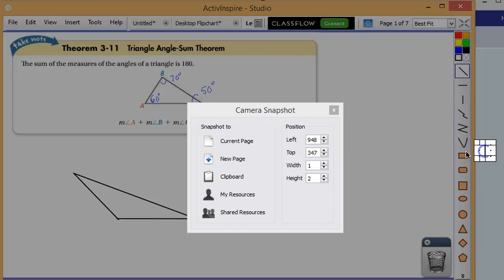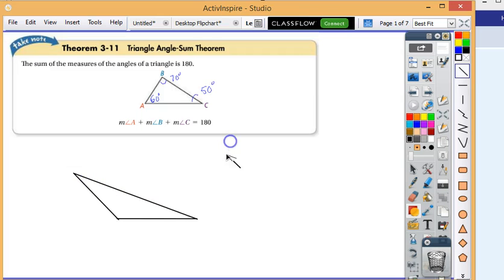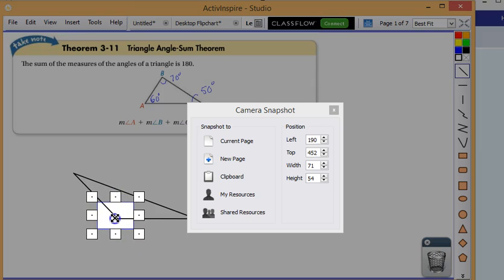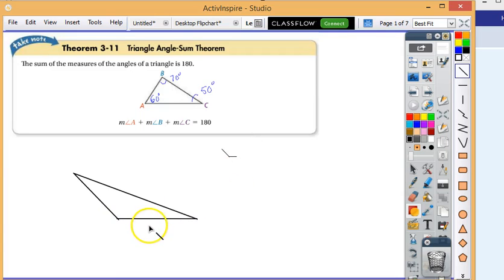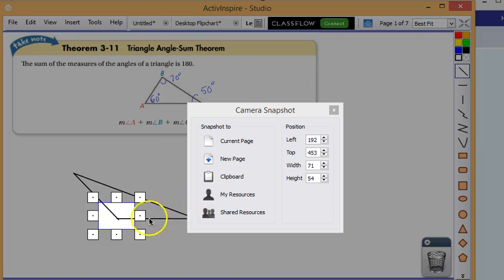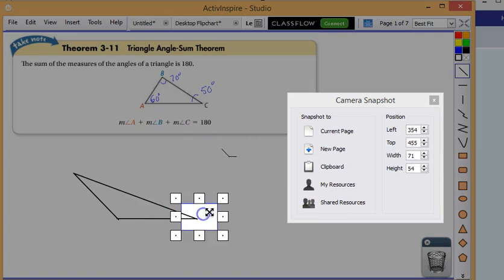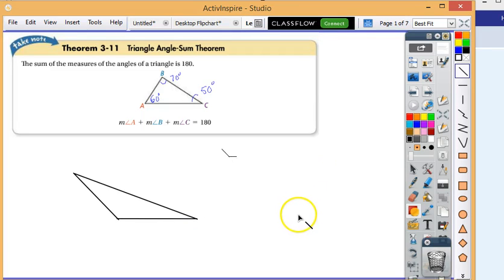I'm going to take a picture of this corner and put it on the current page, and do the same with the other corners. I'll put it on the clipboard, so it's up here.